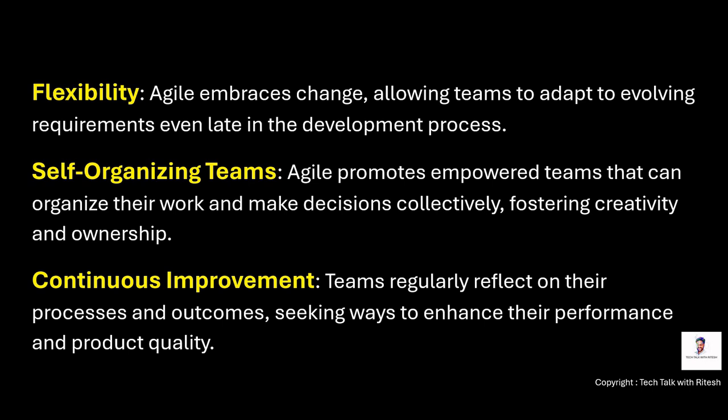They collectively get the work and collectively work on it. We have regular stand-ups, etc. And then finally they make the collective decision. So that is increased collaboration among the team members. Continuous improvement: teams regularly reflect on their processes and outcomes, seeking ways to enhance their performance and product quality.